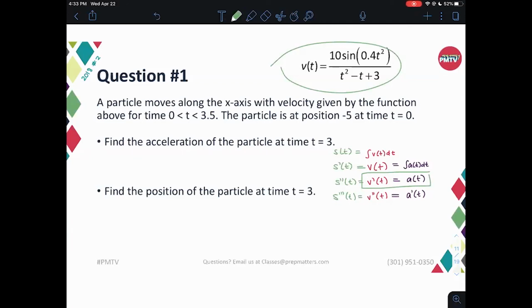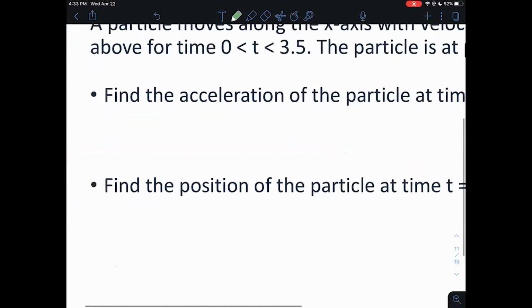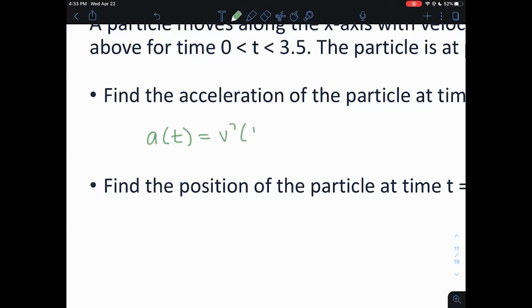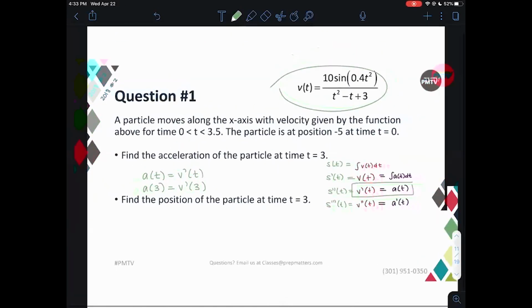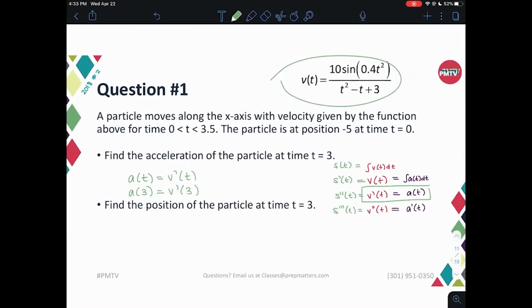Which means that I need to take this velocity function and differentiate it. And if I want to evaluate that at time 3, I evaluate the derivative of velocity at time 3. Now, if you were doing this derivative by hand, this would be a quotient rule.